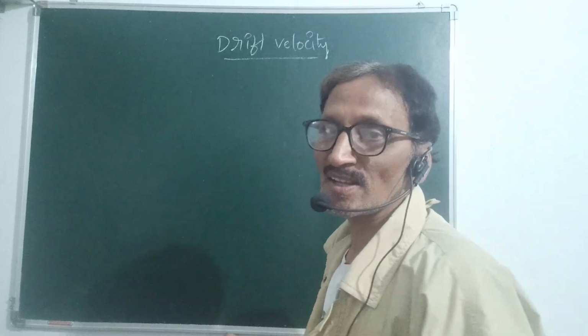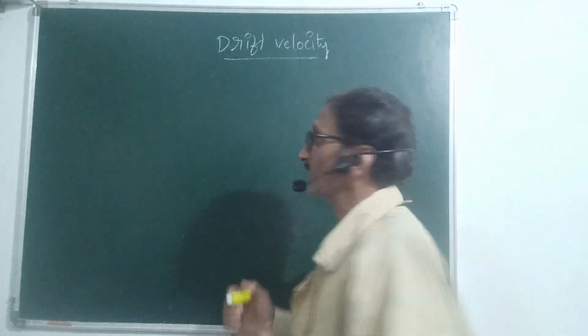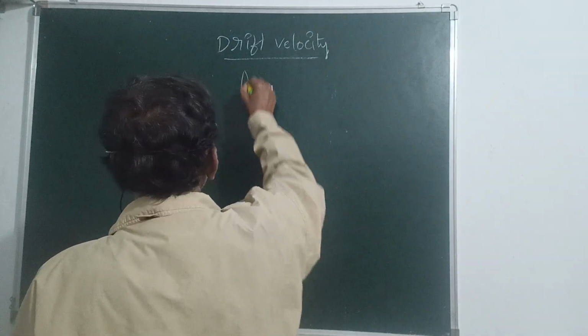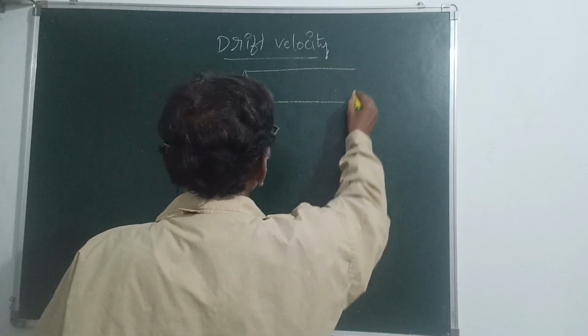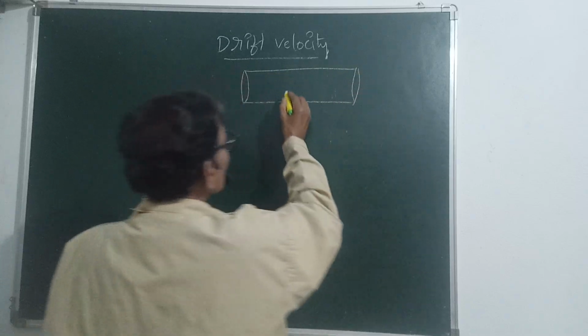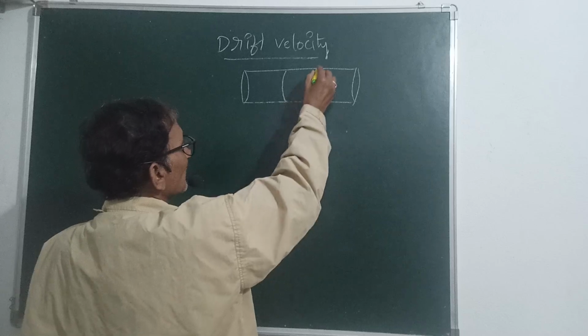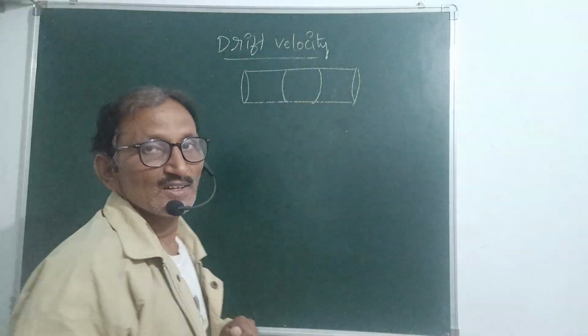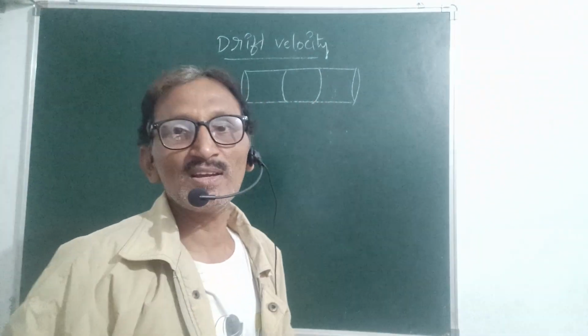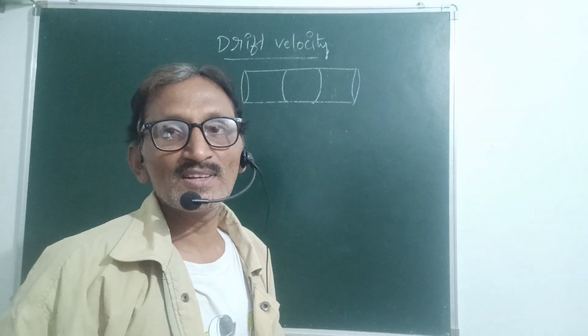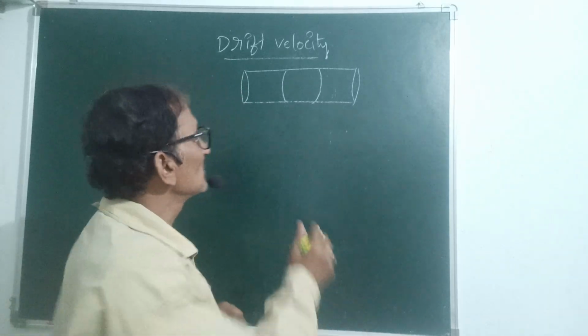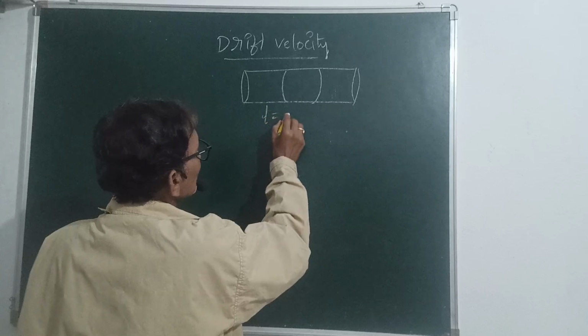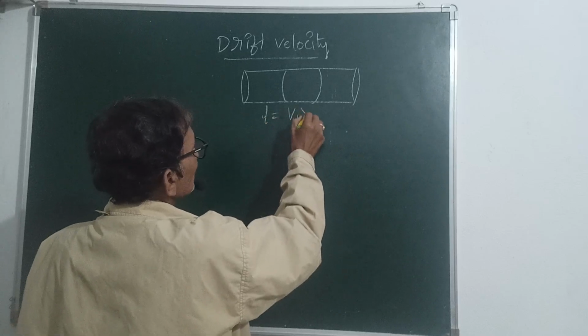Okay, now let us consider one small length of a conductor. Here I am considering one conductor, and in this conductor a small cross-section area. Let the length of that small section be L, which is equal to drift velocity into time.